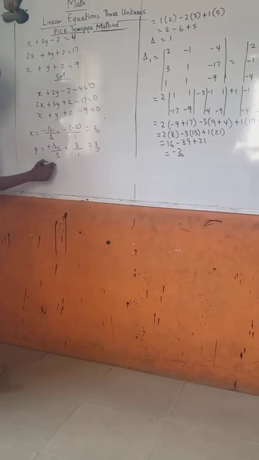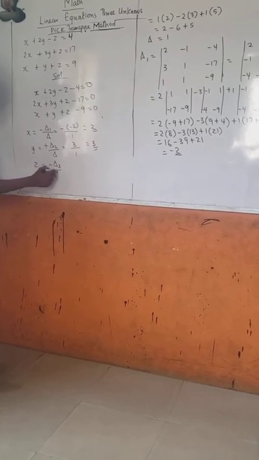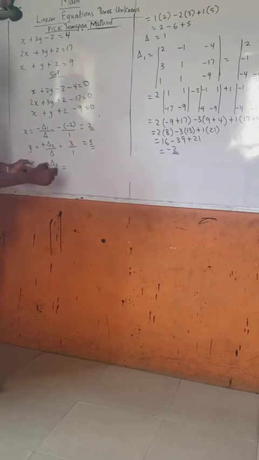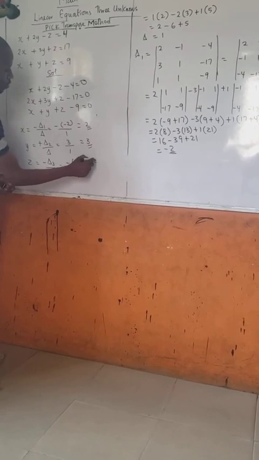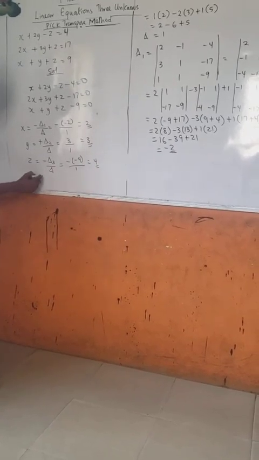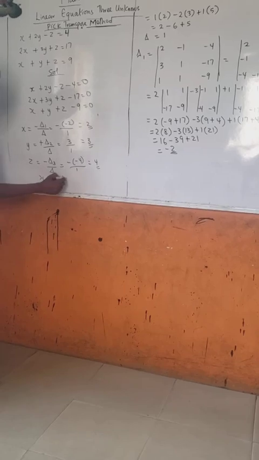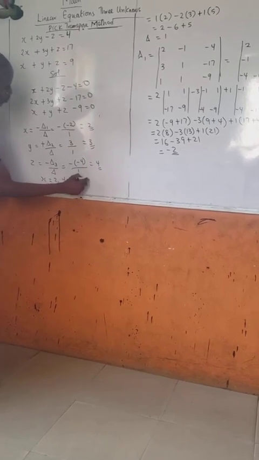Z is minus delta 3 over delta, and that's minus 4 over 1, which is 4. So x equals 2, y equals 3, and z equals 4.